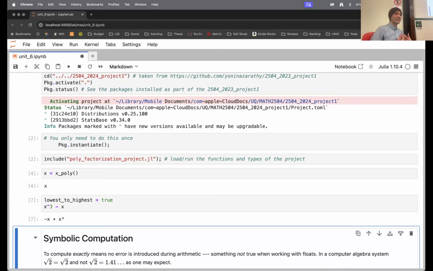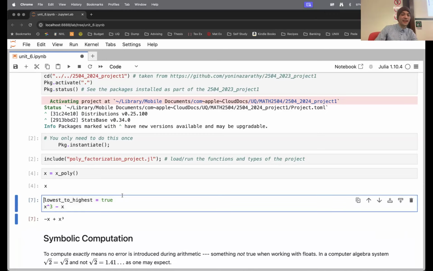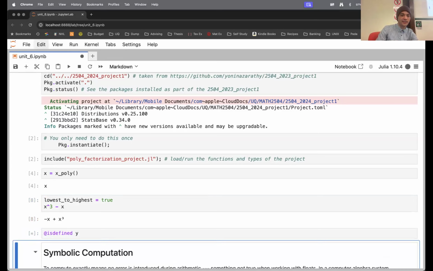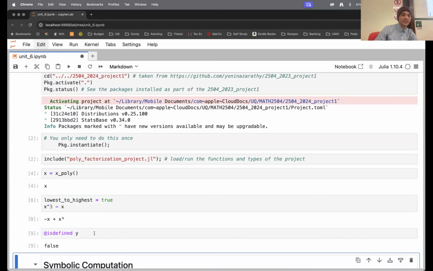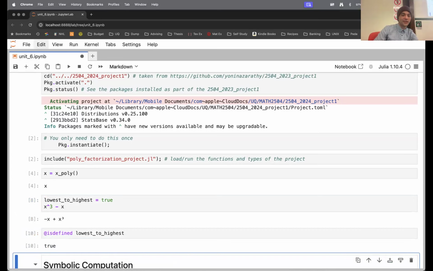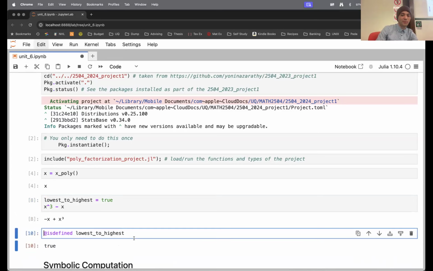Yeah, technically the language he uses in the task sheet is do not assume this exists. So there is a macro, what's the macro called again? Is defined. You just put a symbol in, or a string. Lowest to highest. Is defined. So you kind of want something like, if this is defined, and it's true.